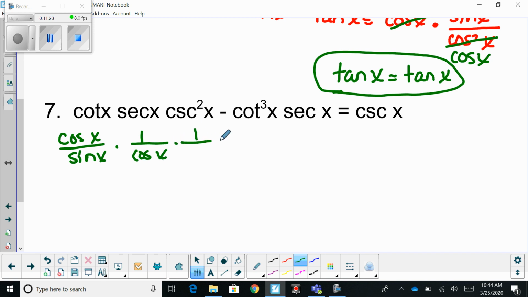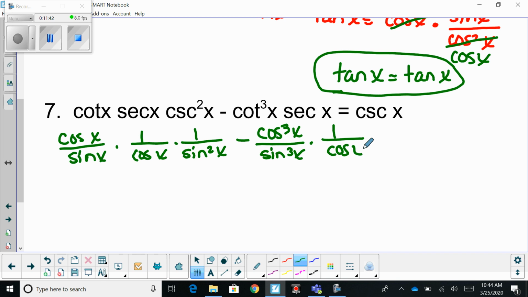Cosecant squared x is 1 over sine squared x. Minus cotangent cubed is going to be cosine cubed x over sine cubed x times 1 over cosine x. And then obviously the right side's just going to stay that cosecant x.